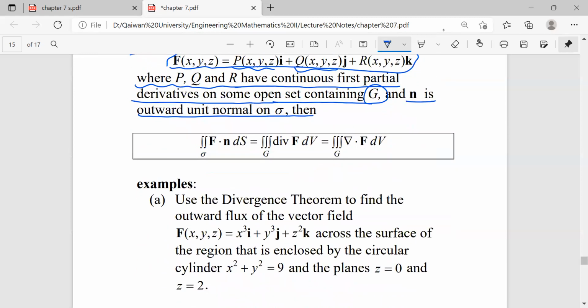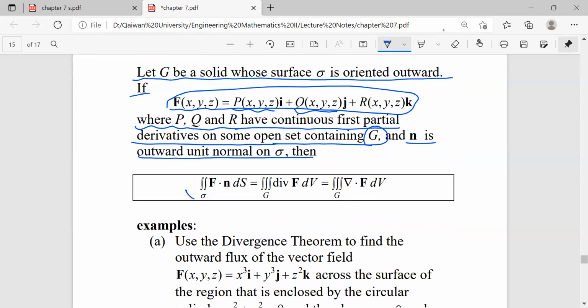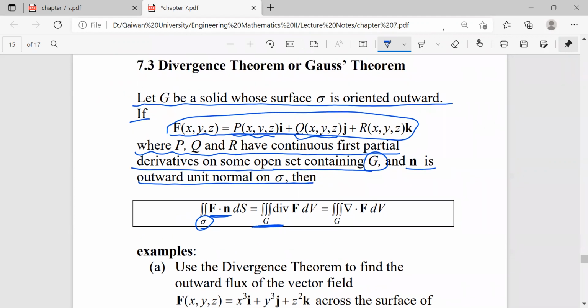It says here the double integration over the surface of F dot n dS equals a triple integration. It becomes a triple integration for finding the divergence.